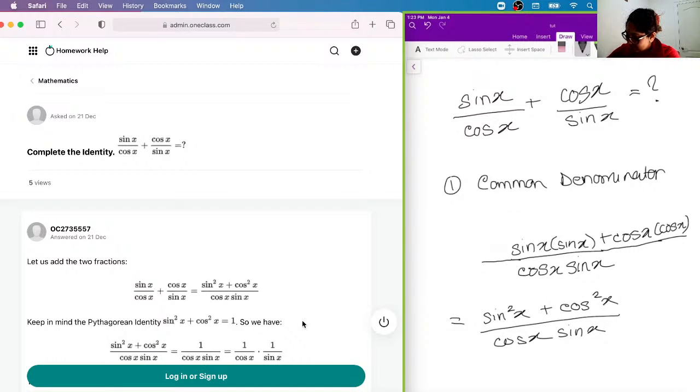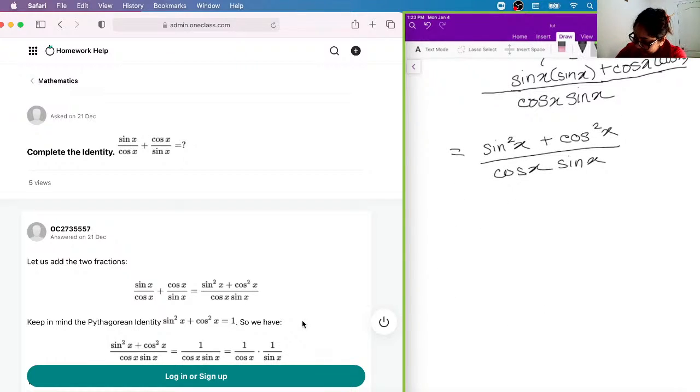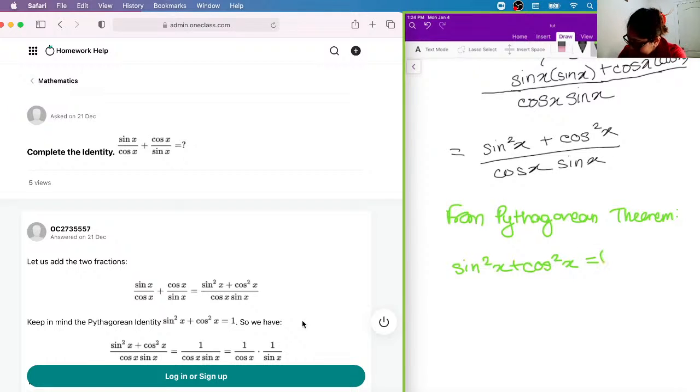I just distributed this, and now, if you guys recall from the Pythagorean identity, from the Pythagorean theorem, we have sine squared x plus cos squared x is equal to 1, right?